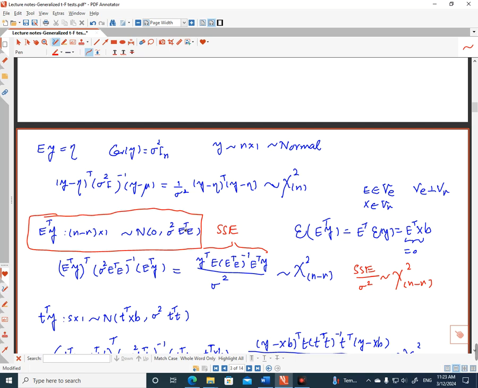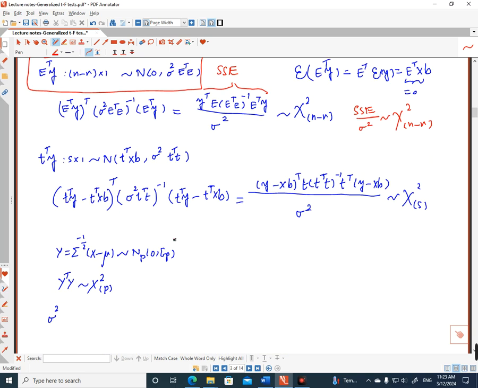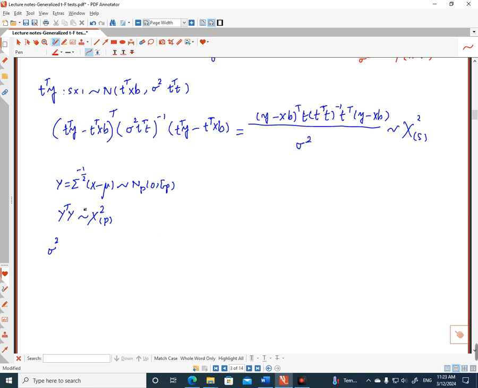I can take the inverse of the square root of this variance-covariance matrix and pre-multiply e prime y, in order to get the variance-covariance matrix equal to identity, to use the independence lemma. So I can write it as sigma square e prime e to the power minus half, and then e prime y, which then has a normal distribution with zero mean and identity variance-covariance matrix. Simply, if you take it as z, then z prime z has a chi-square distribution.